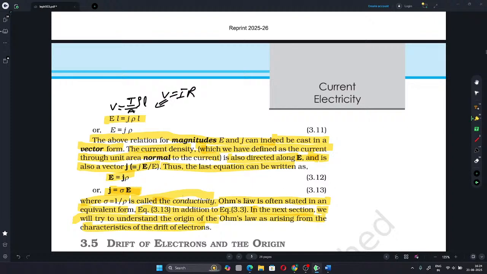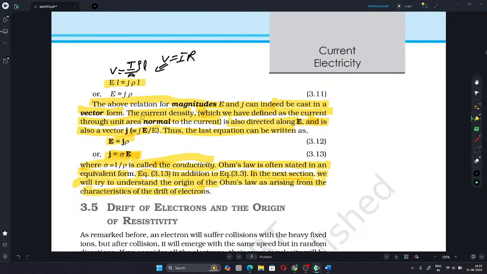Thus, the last equation can be written as E equals J rho, or J equals sigma E, where sigma equals 1 by rho is called the conductivity.